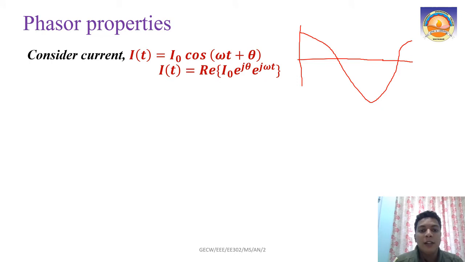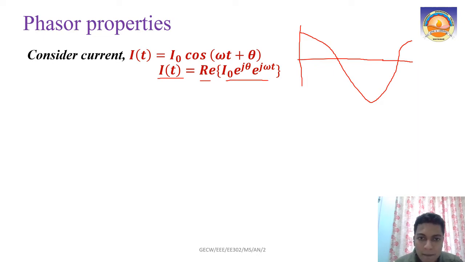The same current I of t we can write as I0 cos omega t plus theta, right? In complex form, I of t can be written as the real part of I0 e raised to j theta e raised to j omega t.